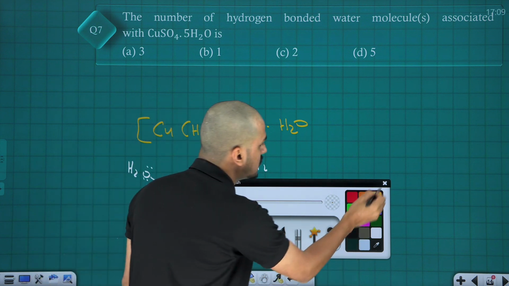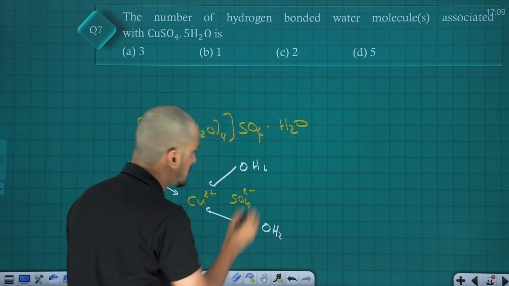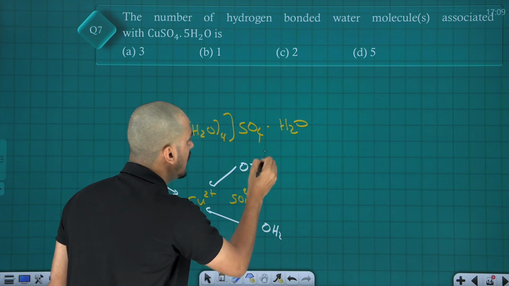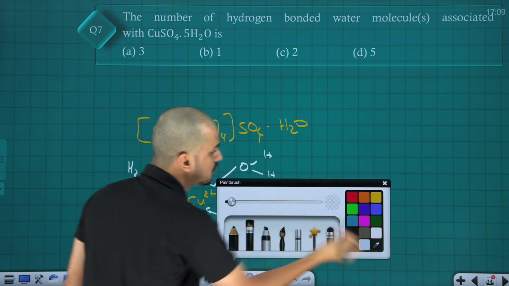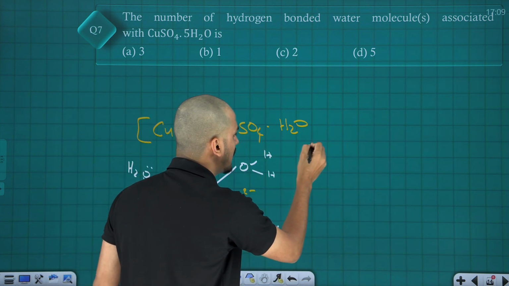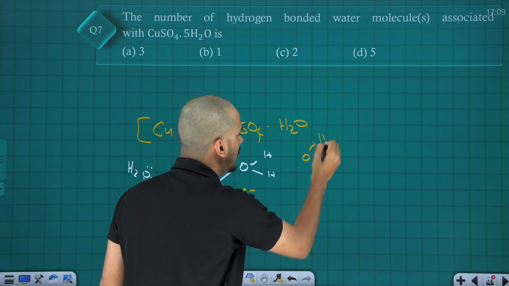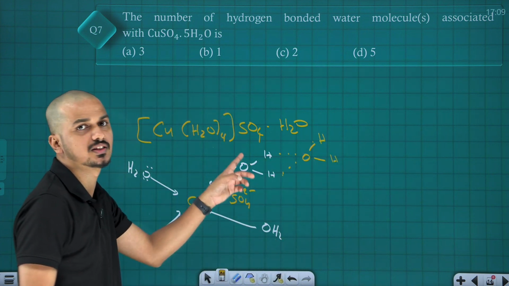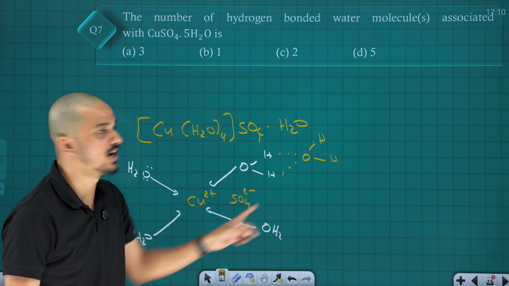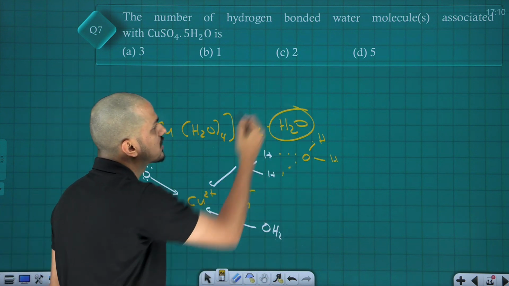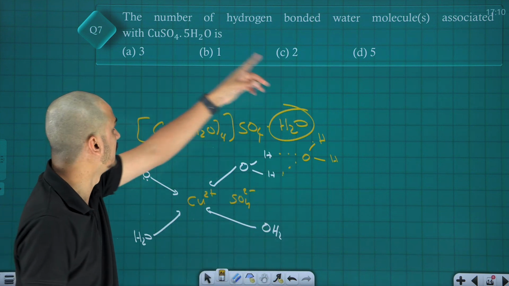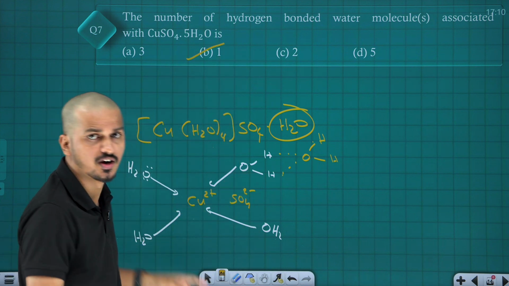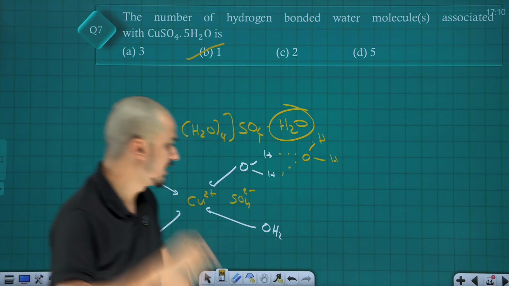And one more H2O is there. That H2O is forming an intermolecular hydrogen bond with the coordinate bonded water molecule. So how many water molecules are associated with the hydrogen bond? 1. How many are associated with the coordinate bond? 4. Don't forget, okay? Keep the idea.